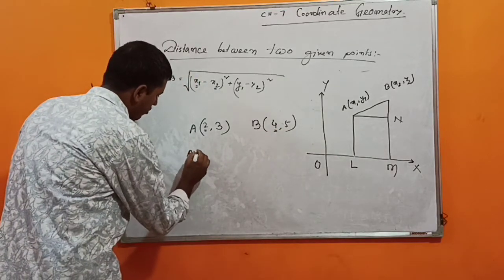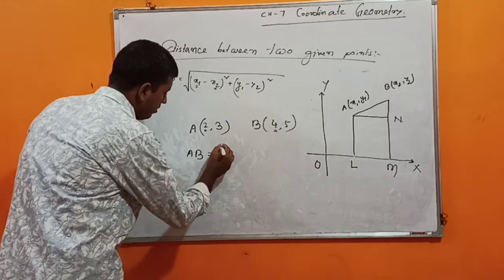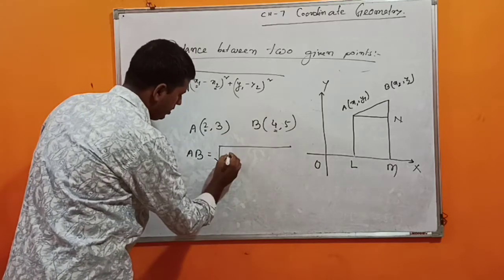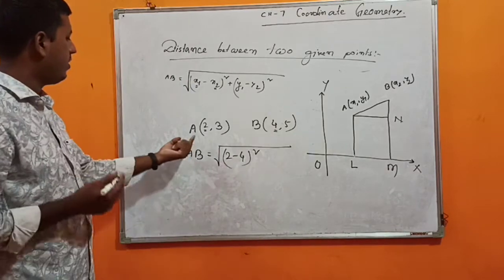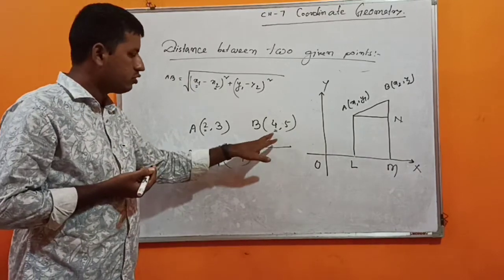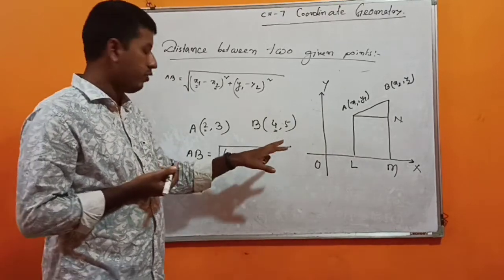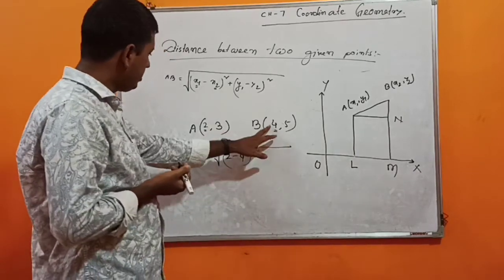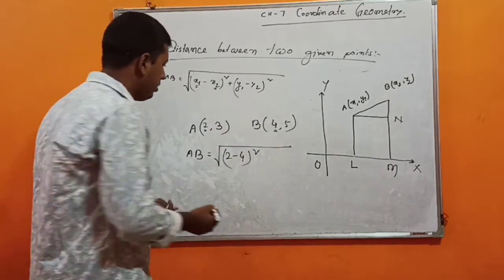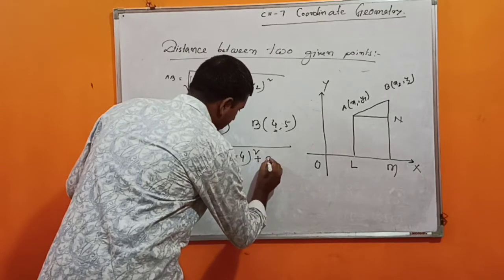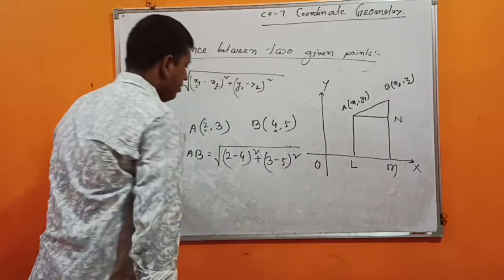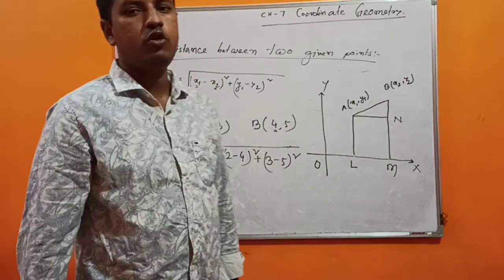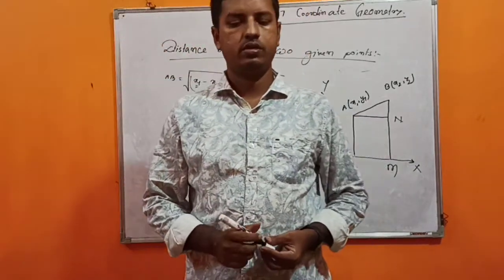So AB equal to root over 2 minus 4 whole square plus 3 minus 5 whole square. So this is the procedure to find the distance between the 2 points.